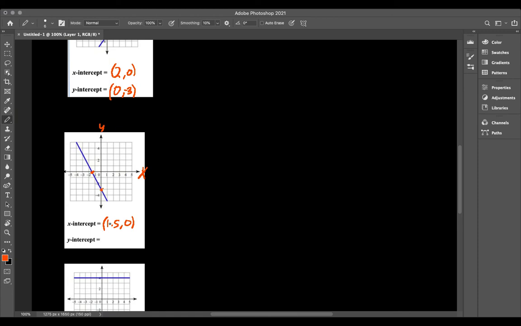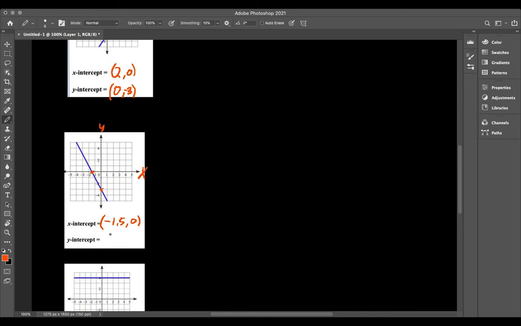Okay, so again, that counts as 1, 2, 3 down. So that's negative. Actually, sorry, let me check that back. This is actually negative 1.5. Apologize for that. The other one for the y-intercept is also negative because it's on the bottom side, 1, 2, 3.